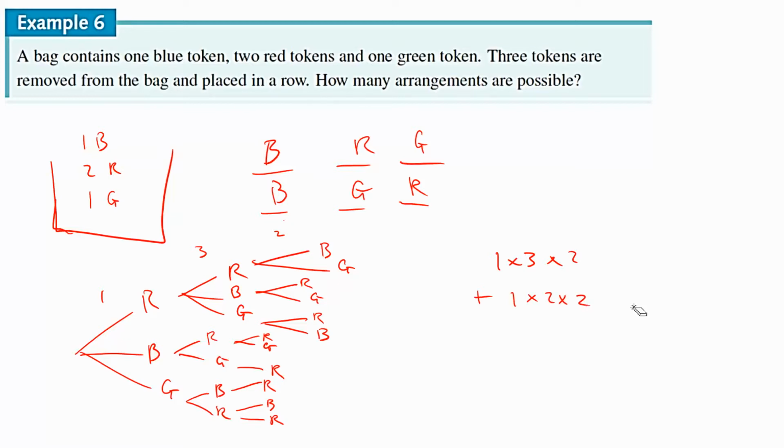Oh, actually, that's not true. That's 1 times 1 times. Oh, that's so ugly. Actually, it's 1, 2. There's 2 ways there.